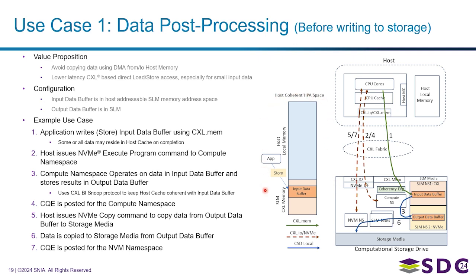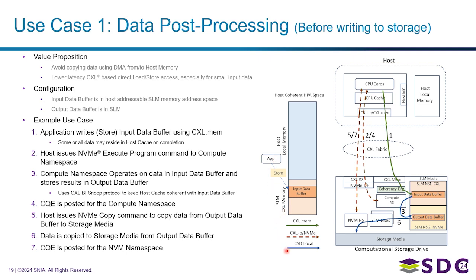Over here on the left side, we've got a diagram that shows our HPA space. Here's the whole memory space, and part of the memory is mapped to CXL subsystem local memory, or host addressable SLM, and then there's an input data buffer or an output data buffer depending on the example. The application is doing some kind of load or store to that host addressable SLM.